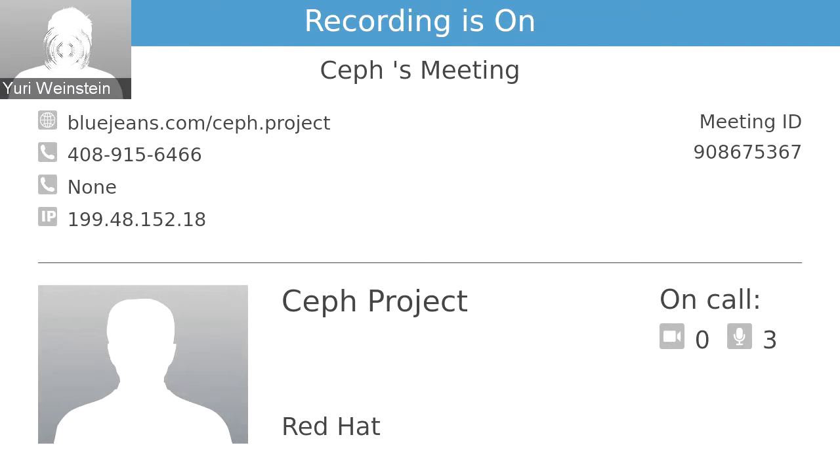So the first step is you need to create, I guess, a ticket in, I don't remember what it's called. In Redmine. Yeah, in Redmine, but it should be against Sepia. Yeah, Sepia. I know.